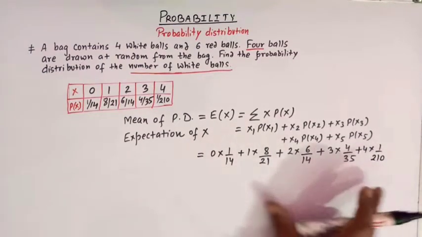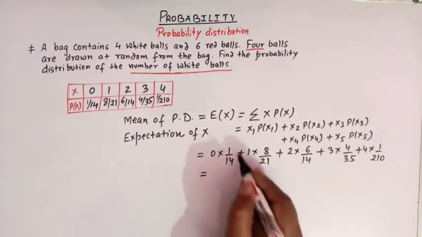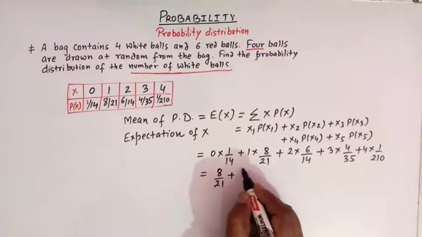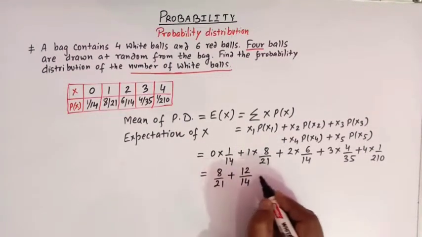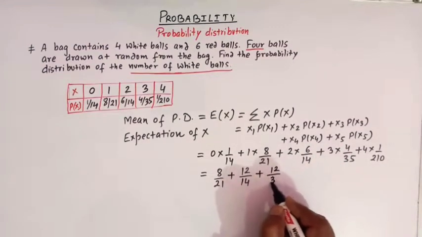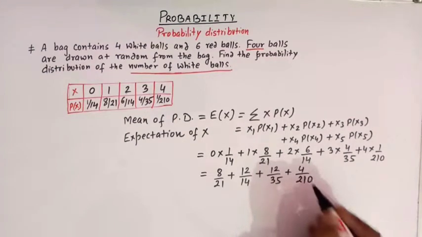And now we have to simplify this expression. So this term is 0. We have 8 over 21 plus 12 over 14 plus here we have 12 over 35 plus 4 over 210.